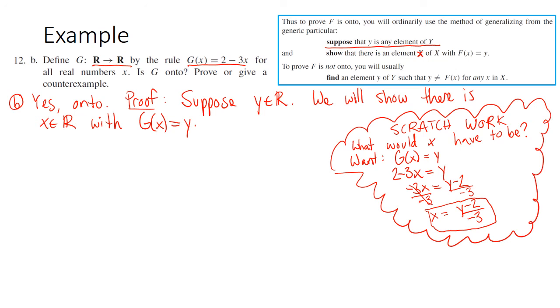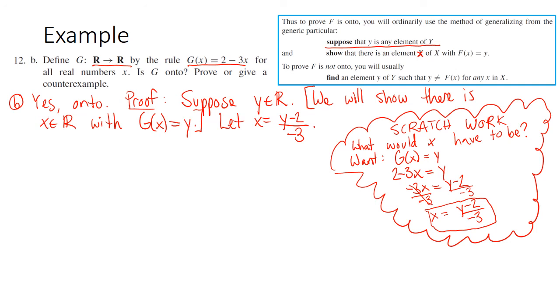Okay, so back to my proof. I supposed that little y was an element of the reals, and then my goal is to show that there is some element x in the reals with g of x equals y. So now I'm going to use my scratch work, and I'm just going to say let x equal y minus 2 over -3.